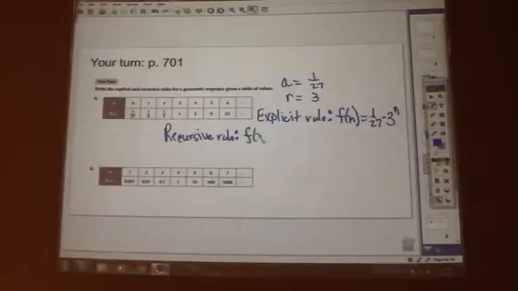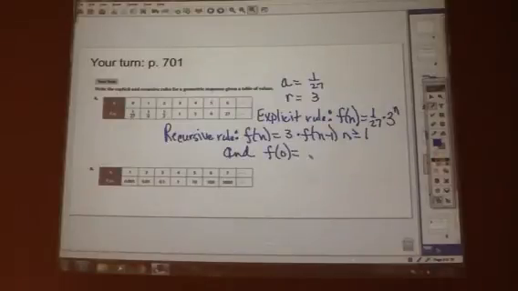F of n equals R times F of n minus 1. N has to be greater than or equal to 1. And what else? F of 0 equals 1/27.